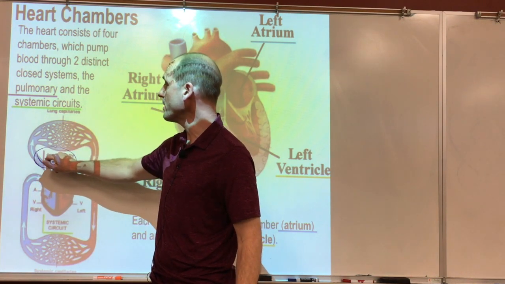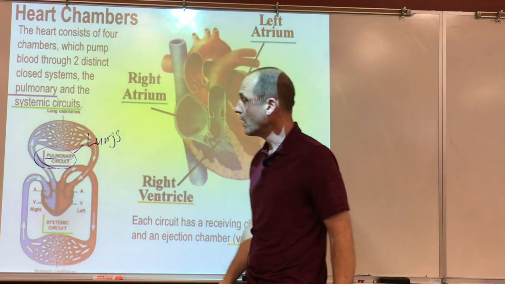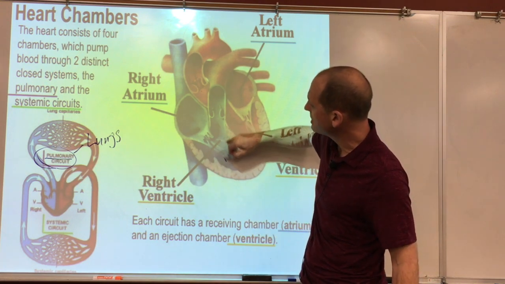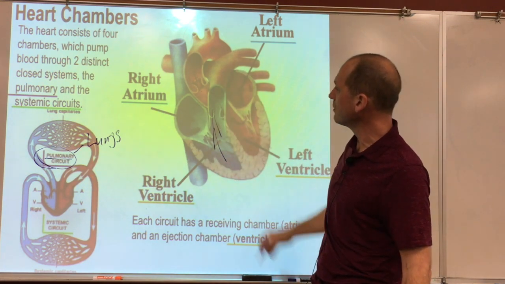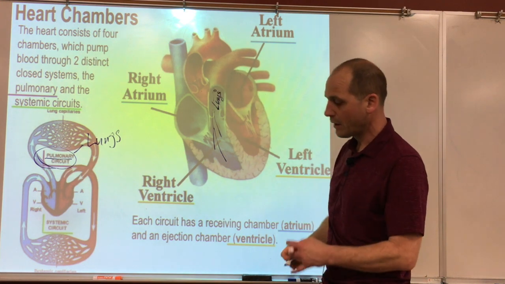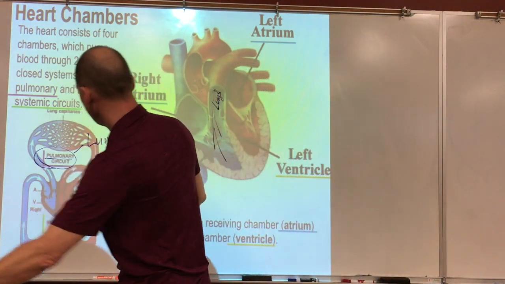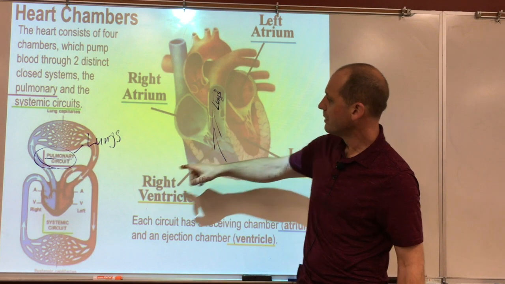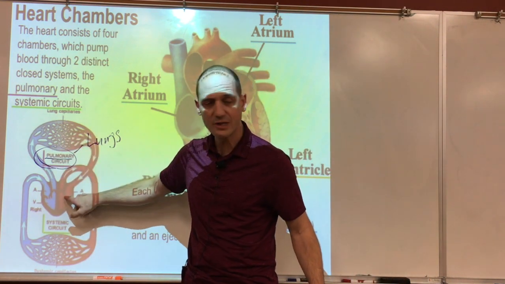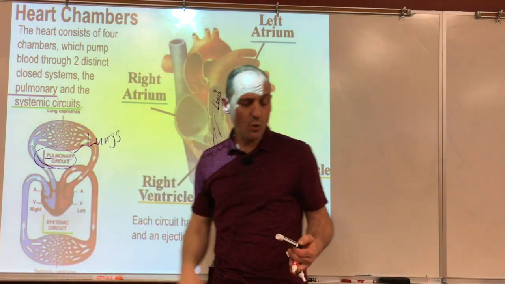Whenever you see the word pulmonary, you're thinking lungs. That blood comes from the right side here, goes up and goes to the lungs, the two lungs. And then on the other side, when the blood comes back from the lungs to the other side of the heart, that side pumps the blood to the whole body, the whole system.